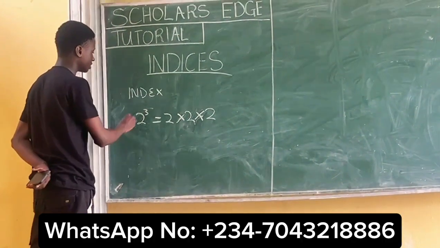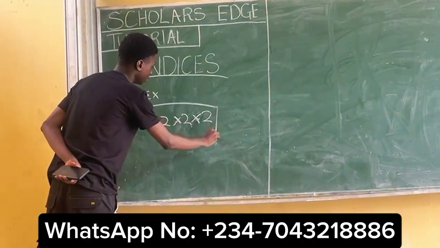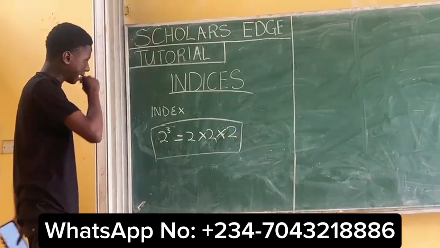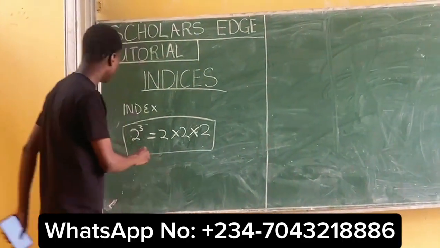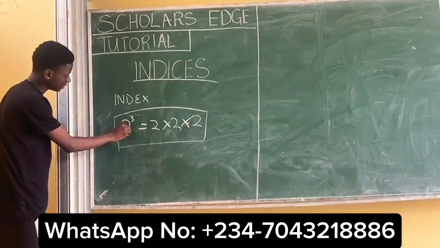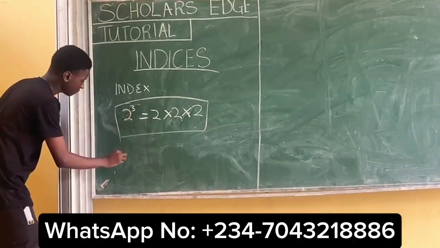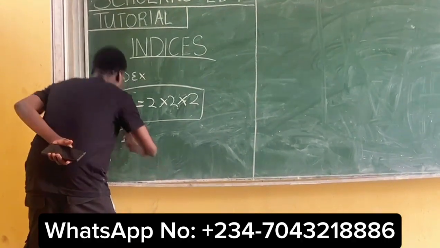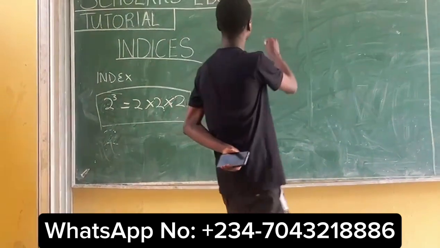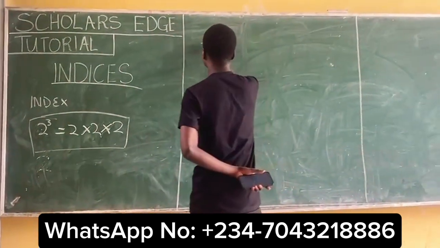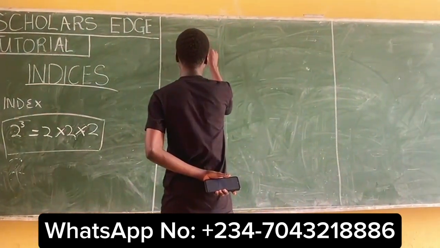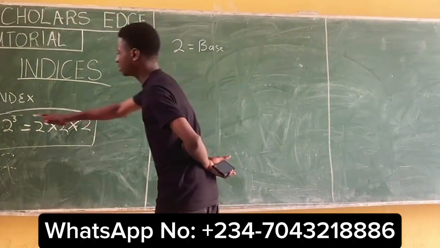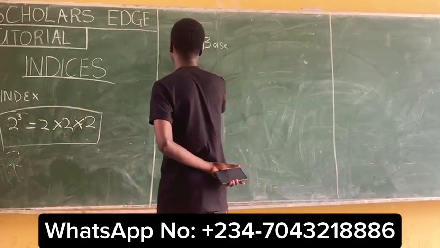So this is just the beginning stage of indices. In indices, this 2 is called the base, and this 3 here is called the power.